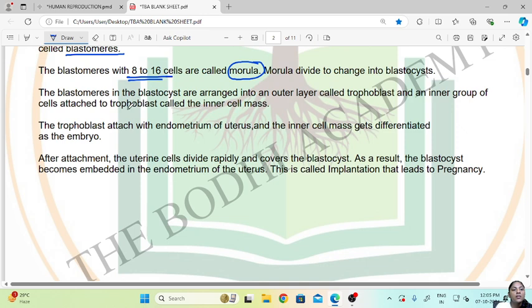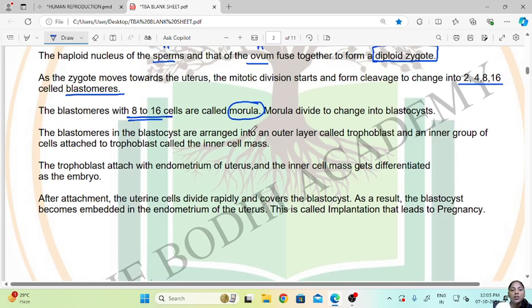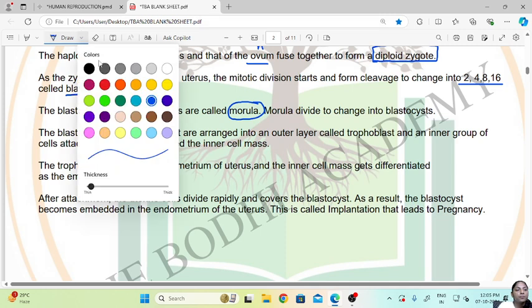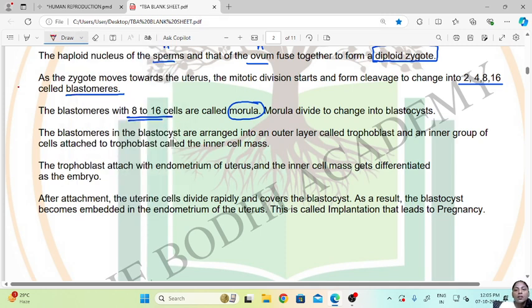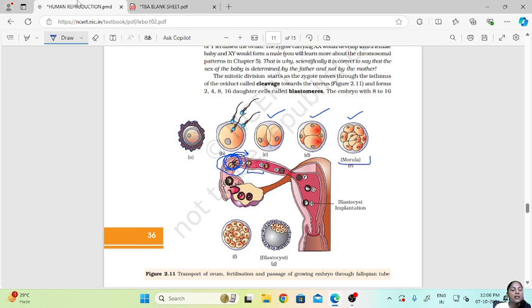The blastomeres in the blastocyst are arranged into 2 layers. The outer layer is called the trophoblast, whereas the inner group of cells is called the inner cell mass.